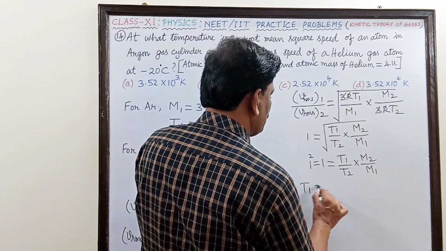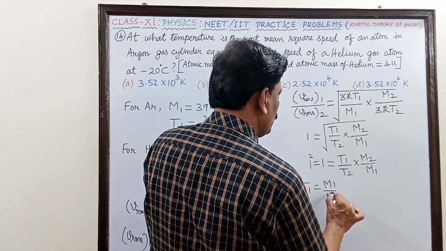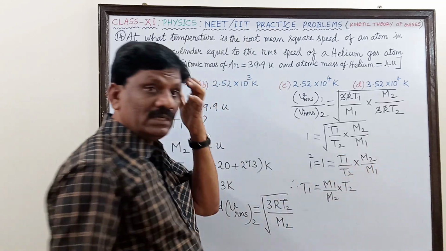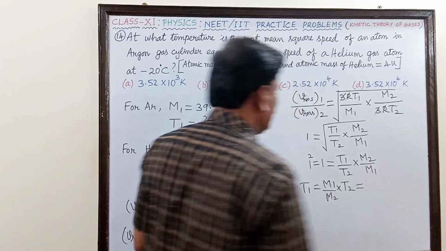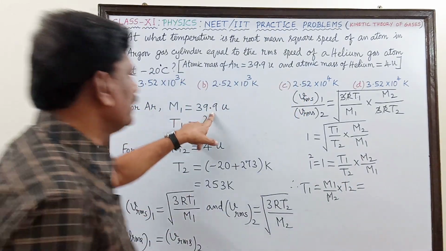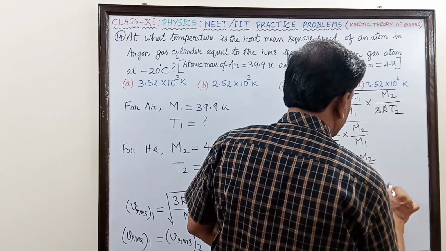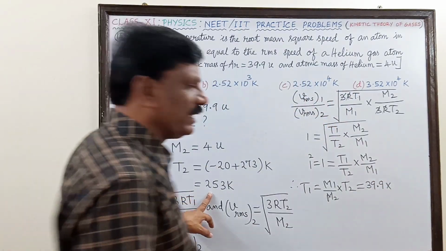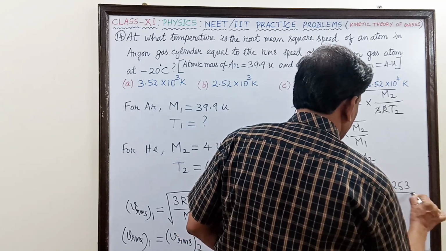Therefore T1 must be equal to M1 by M2 into T2. Now I substitute. M1 is 39.9. So 39.9 multiplied by T2, which is 253 Kelvin, divided by 4.